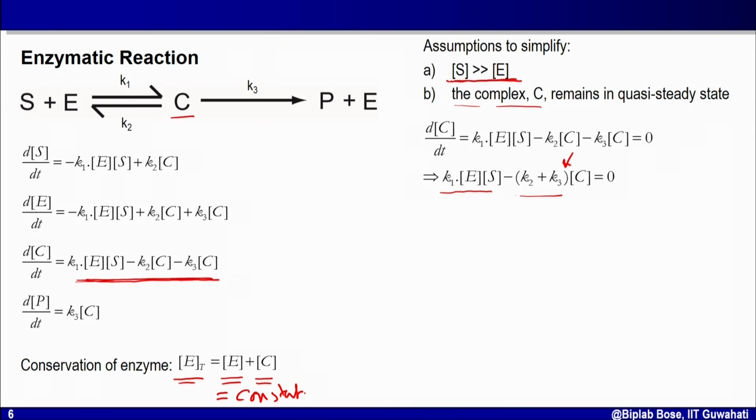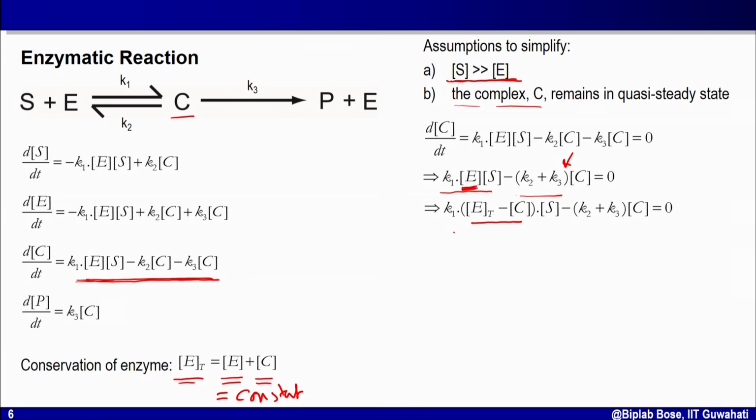So with time, ET is not changing, so I can replace this E in my algebraic relation using ET minus C. That's what I will do. So I have replaced this E by ET minus C, where E is free enzyme and I am replacing it by ET, total enzyme, minus complex.